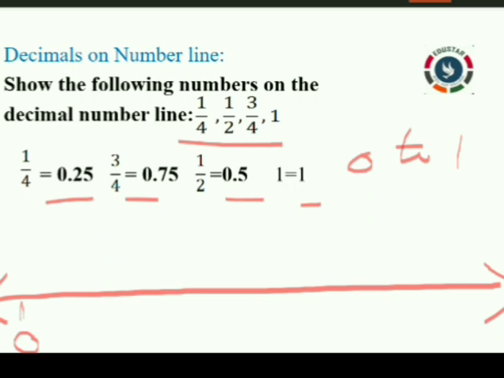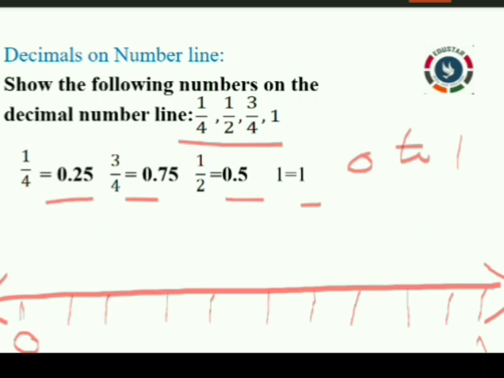First you have to mark 0, right? Next, from 0 to 1 you have to divide into 10 equal parts. From 0.1 to 0.9. First 0.1, 0.2, 0.3, 0.4, 0.5, 0.6, 0.7, 0.8, 0.9 and this is your 1.